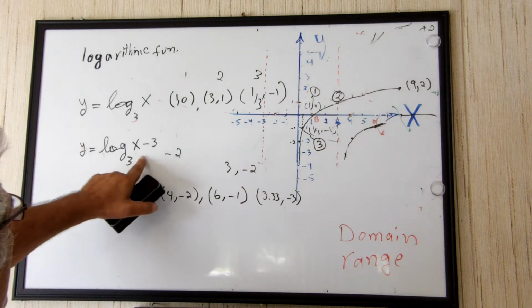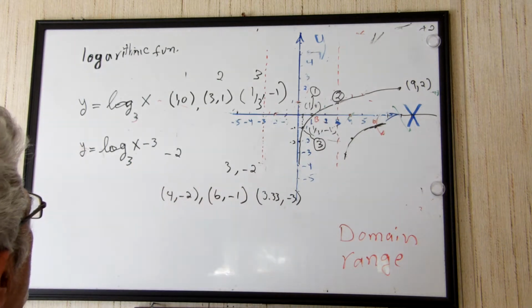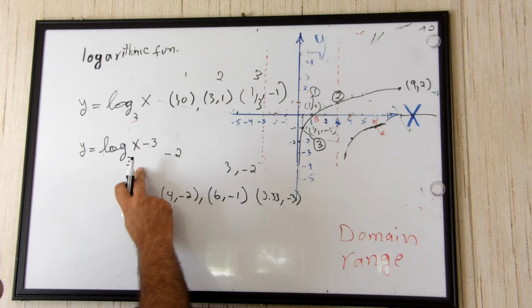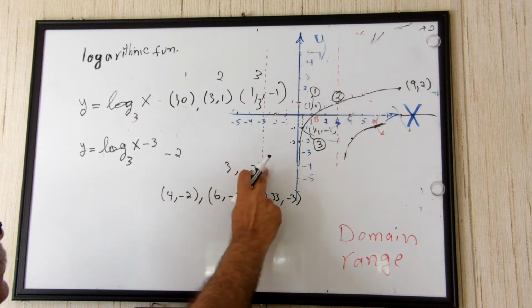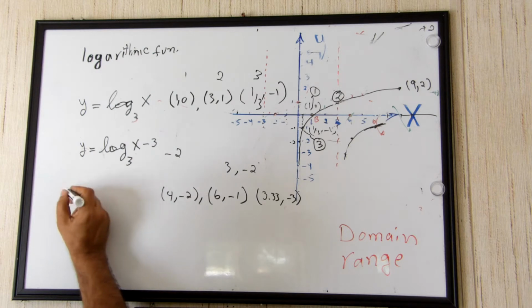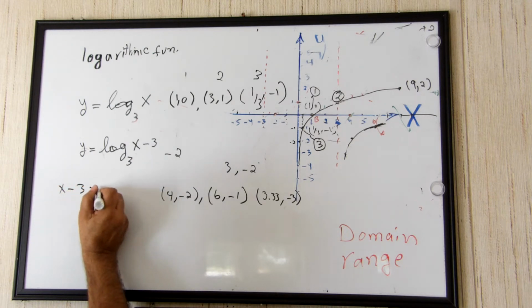Now, if somebody tells you to graph this one, first of all, you say logarithm of x minus 3. If you set this x minus 3 to 0, x is going to be 3.